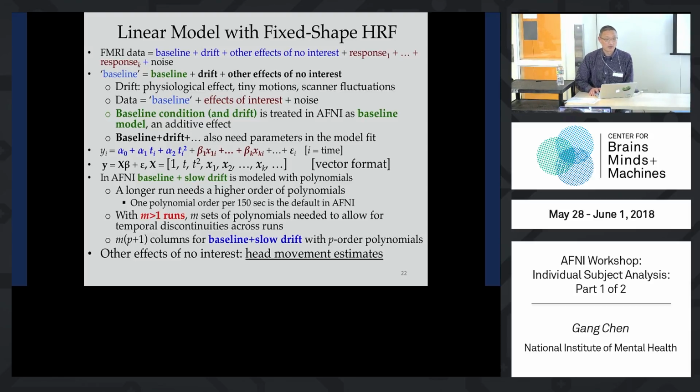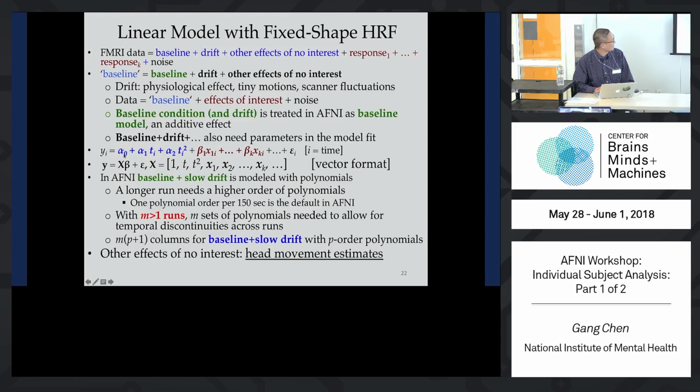I believe the other software packages use high-pass filtering, where theoretically you put the filtered frequencies back into the model based on the frequencies. I believe the default for them is 128 seconds, the cutoff for the slow drift. I would not think there are any substantial differences between the 2 approaches.